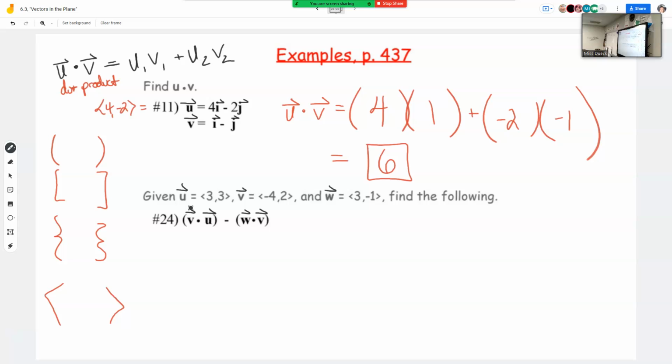Do the first one. Separately, just do the second one. And try to subtract it.